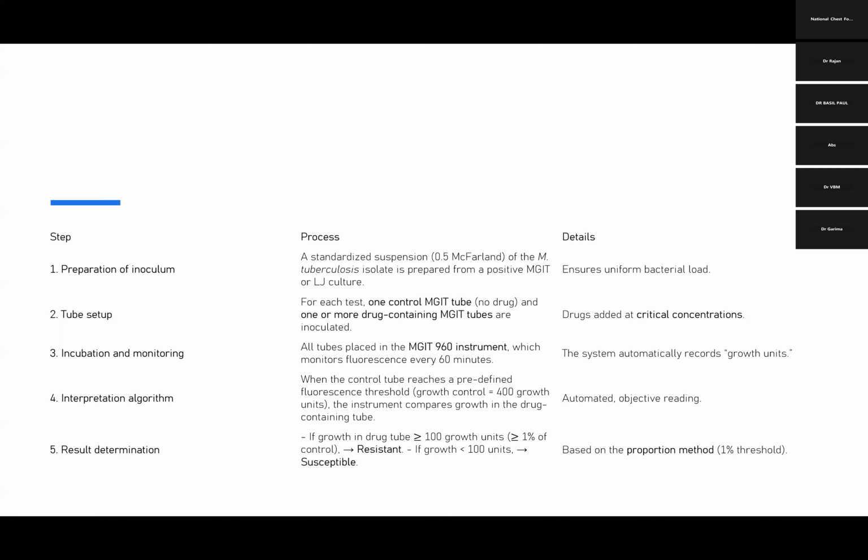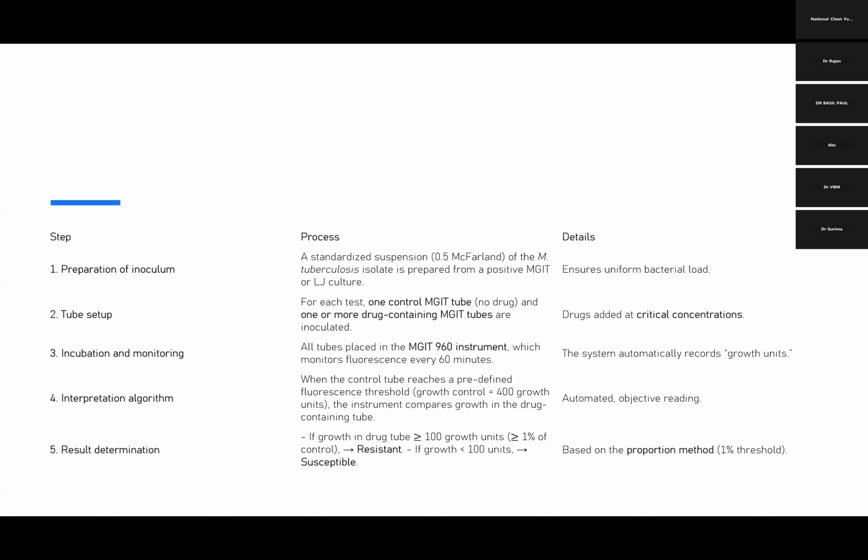If the growth in the drug tube is greater than or equal to 100 growth units, then you say that the organism, MTB, is resistant to that drug. If the growth is less than 100 units, then you say it is susceptible MTB.